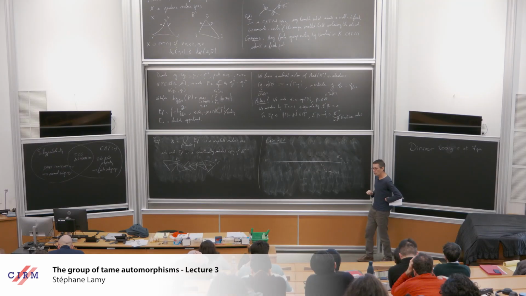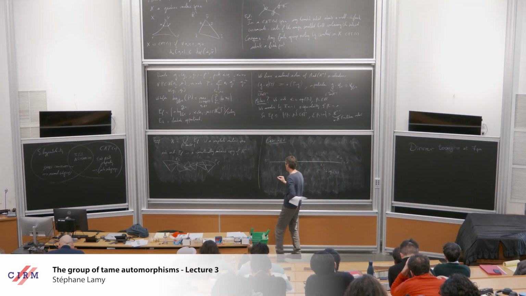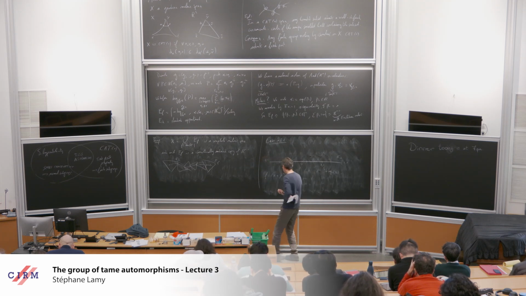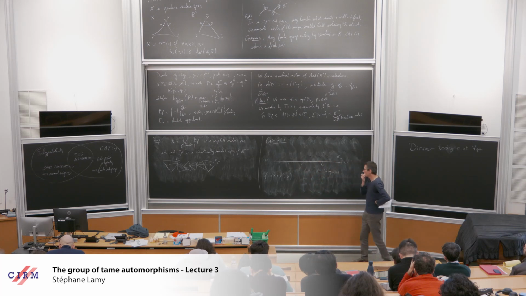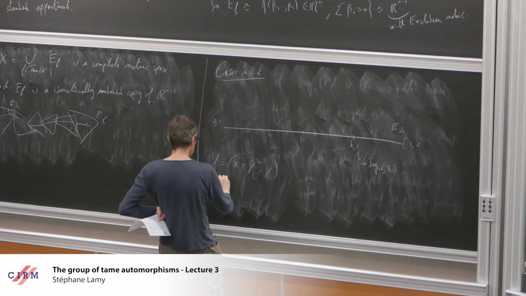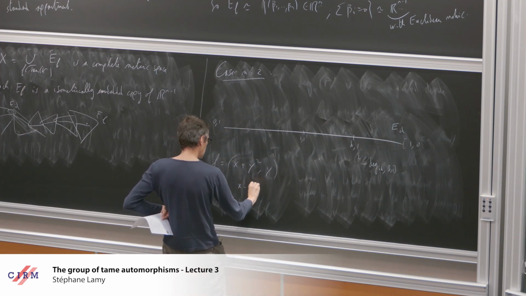Okay, now I want to draw the apartment associated to F, which is just a triangular map, (x plus y squared, y). So F inverse is easy to write. It's (x minus y squared, y).